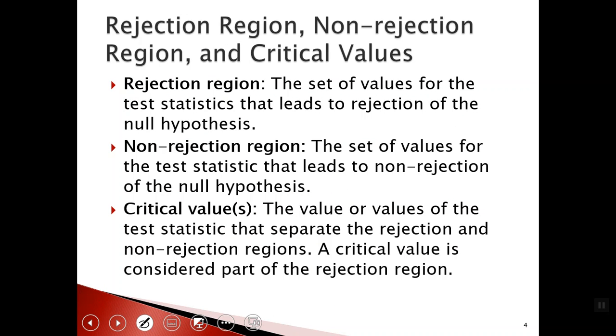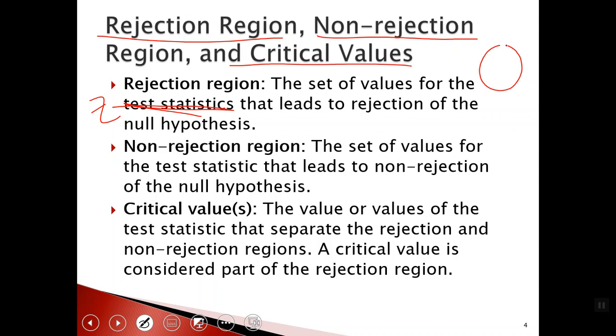Rejection region, non-rejection region, critical values. All three words are unknown terms for you right now, right? Let's see them one by one. Rejection region means the set of values for the test statistic, Z, that leads to rejection of the null hypothesis, which means some kind of area.